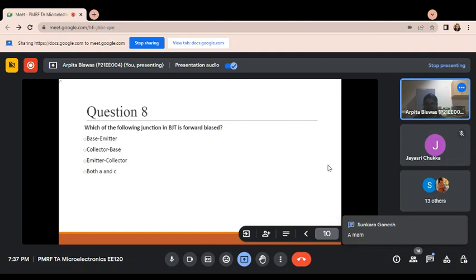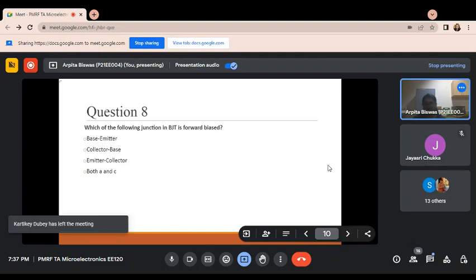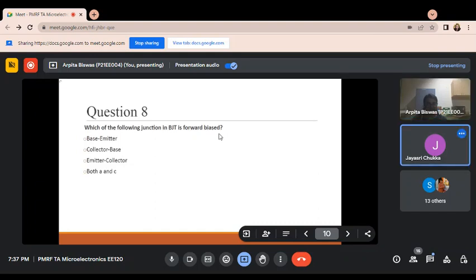Both A and C. If it is in active mode, in that case, which one is in forward bias, Jayashree? Emitter base. Okay. Meghna, please unmute yourself. What is the right answer?